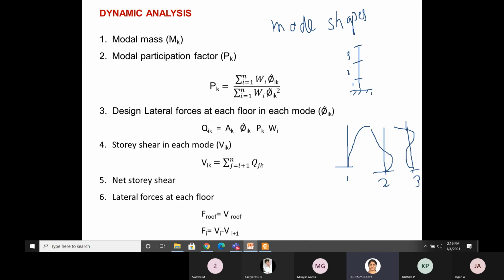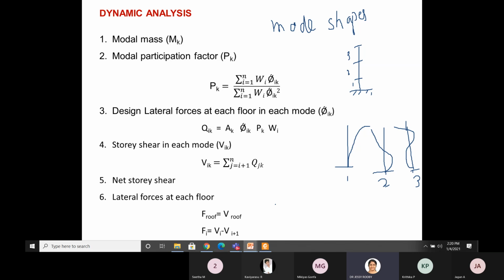I hope you remember now at least. You must have learned the mode shapes. Similarly, if there is a 100-story building, it can vibrate in 100 different modes. The main contribution, the frequency with which the structure vibrates, is called the fundamental frequency.